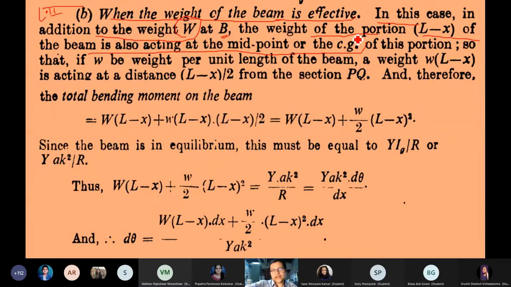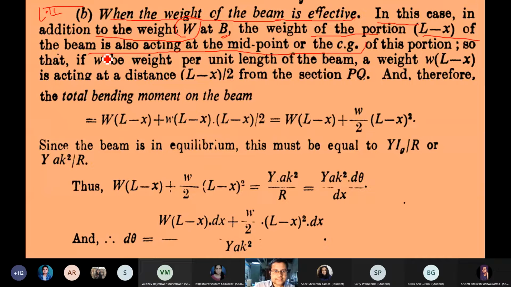Suppose you have a beam and it got bent because you have put a weight, and that bent arch portion has its own weight, and its center of gravity we need to put over there.